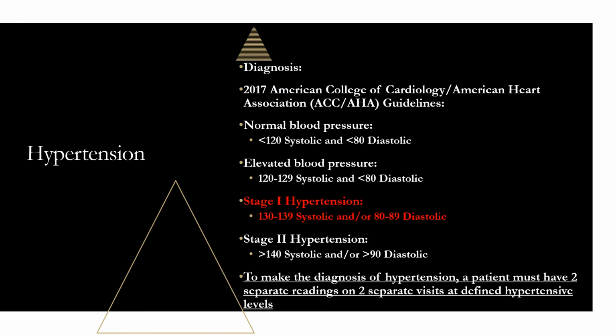Even if you check their blood pressure 8 times that same day on that same visit, you still don't make the diagnosis. It has to be two separate visits, two separate readings to actually make the diagnosis of hypertension. So that's the guidelines you should know. Really, again, focus mainly just on the stage 1 hypertension, because as soon as you hit that, they've become hypertensive, entered into that realm, and you need to start to have some form of intervention.